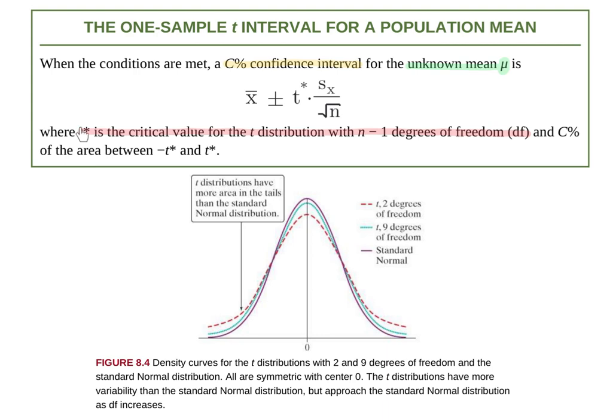All right, now let's talk about this t and this t star. It comes from a t distribution, as we know, and that's not a standard normal distribution. So t star and z star have the same meaning in terms of our confidence interval.